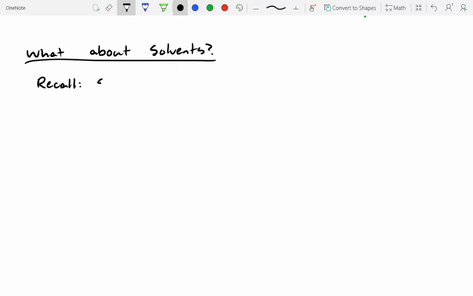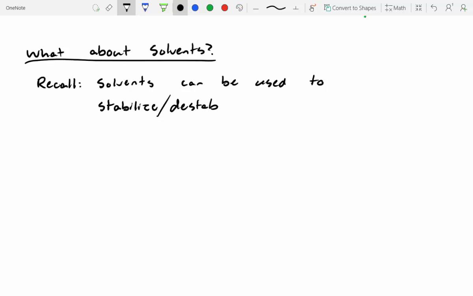We said that solvents can be used to stabilize or destabilize things: your starting material, your transition state, and/or your products.